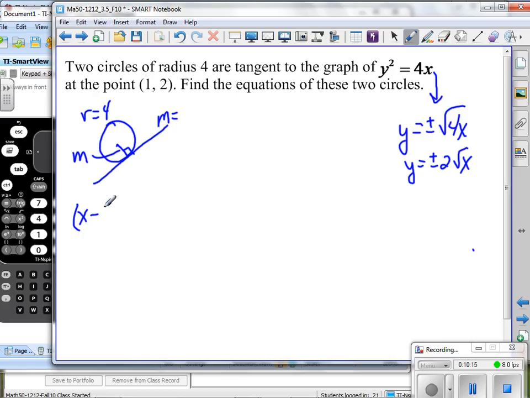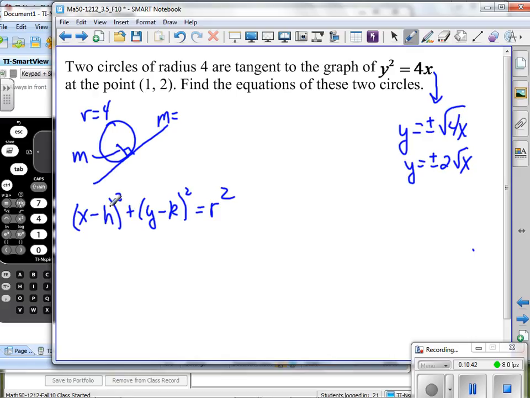Okay, so how about x minus h quantity squared plus y minus k quantity squared equals r squared? Yeah. Okay. Honestly, this course, have I told you before, you know all the math you need to know for this course? Yeah. The hardest thing now is just remembering that you know it.